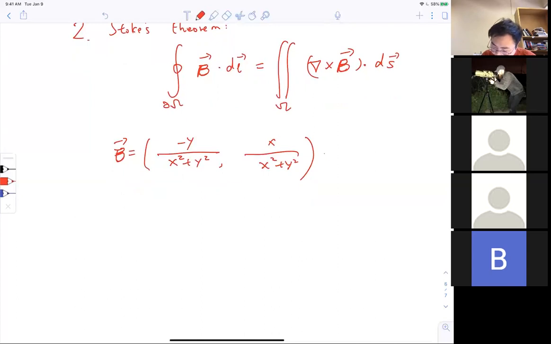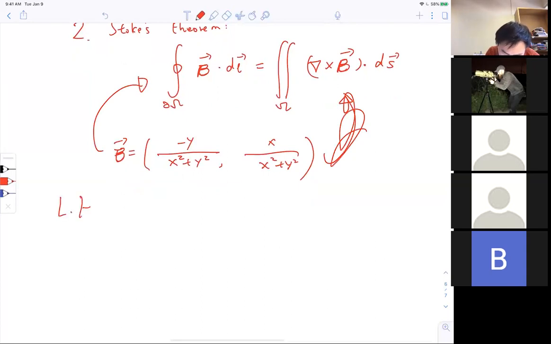if we plug in and do the calculation for the left-hand side, you will get 2 pi. You can do it by yourself, but I can do it very quickly for you.